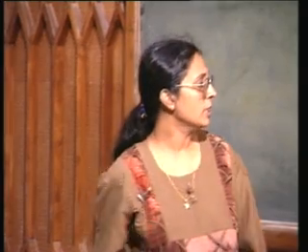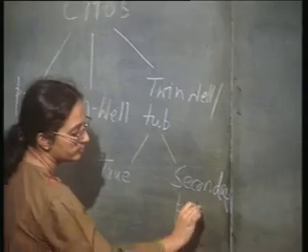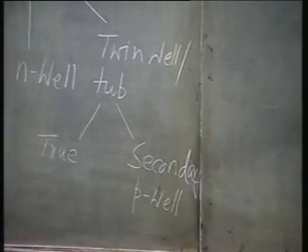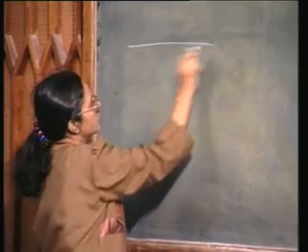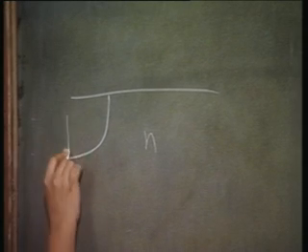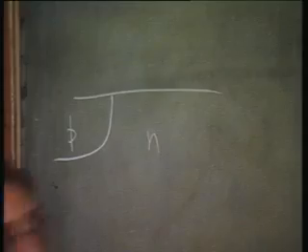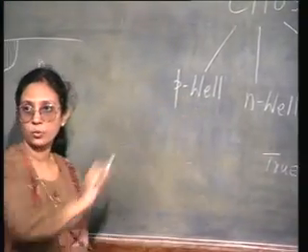So, what is happening in the secondary P well, you are starting with an N-type substrate, you are actually creating a P well here. Basically it is an extension of this P well only.